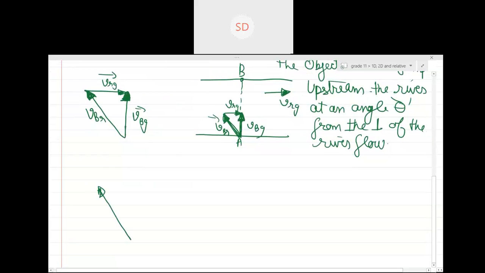Your VBR should be like this. That is how you are jumping with respect to river. Your VBG should be like this. And the river velocity should be like this. So you have to move that vector, and theta will be this angle. Yes?